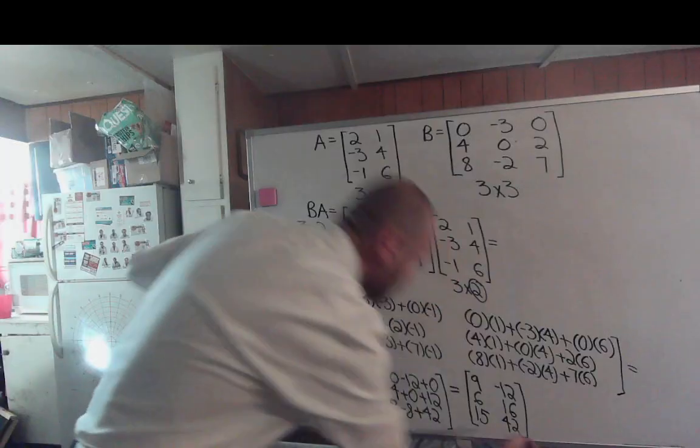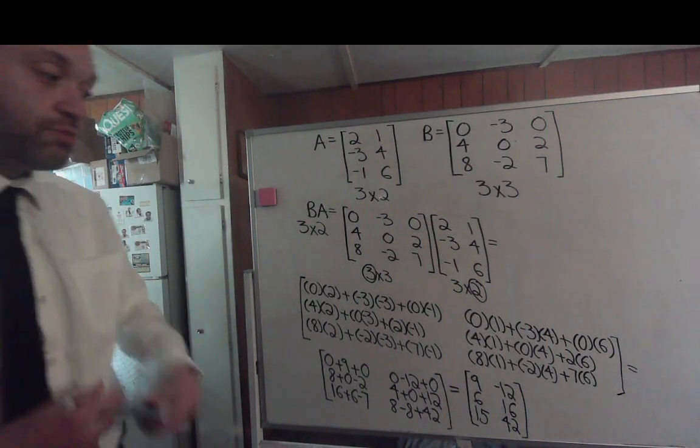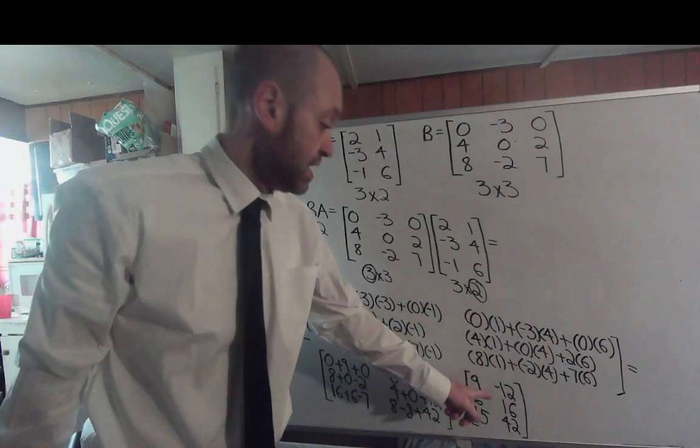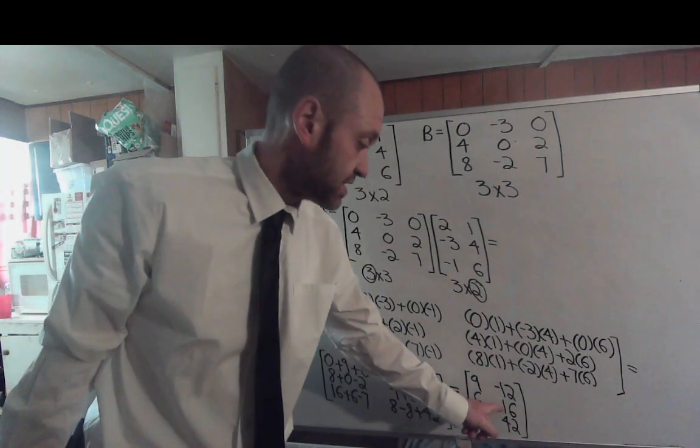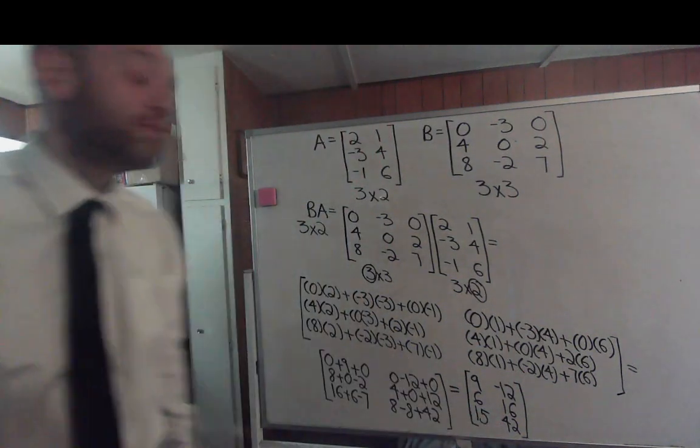So indeed, as you can see, you end up with a 3 by 2 matrix with entries 9, negative 12, 6, 16, 15, and 42.